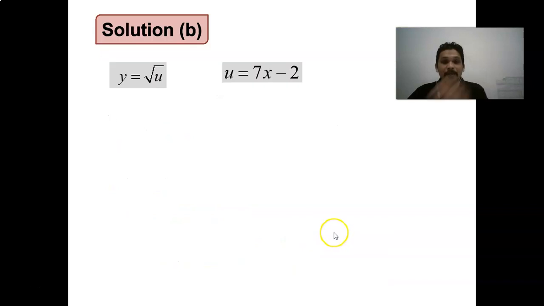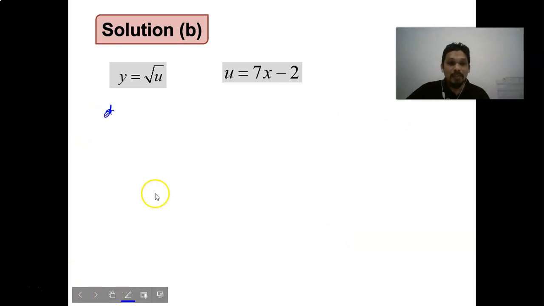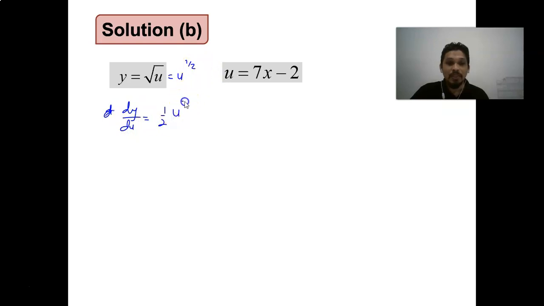Now before that, for this one, u equals to the power of half. So then dy/du equals 1 over 2 u to the power of half minus 1, equals negative half, and du/dx equals 7.